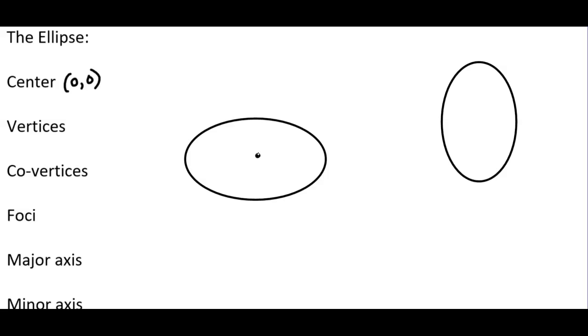Okay, so with that, I'm going to talk about the major axis, and I'm going to try to put these in different colors, and hopefully this will help. The major axis is the one that goes the long part of the ellipse, and it goes right through the center. So that's going to be the major axis right there in green.